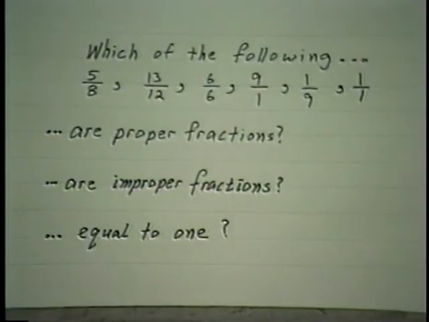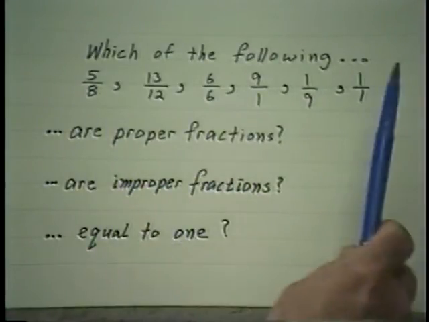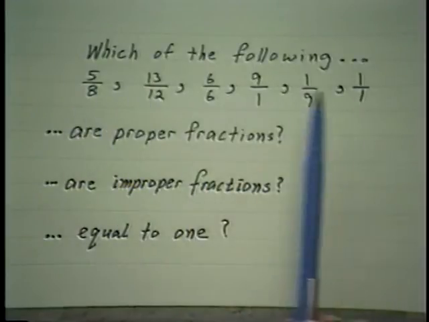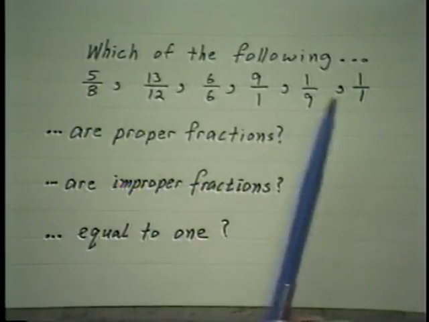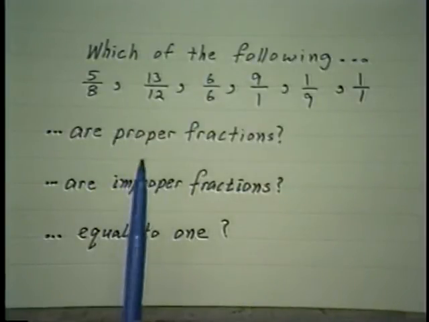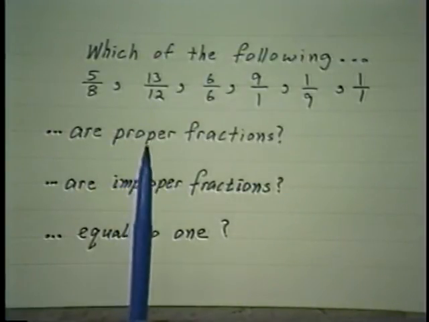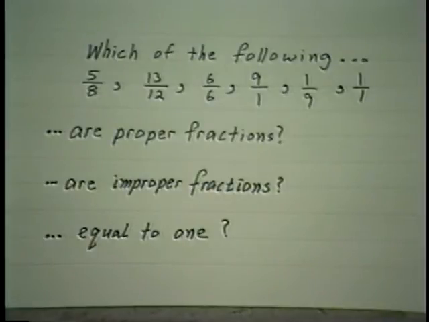So this lesson is to simply take us right back to very rock bottom to begin to build basics and its accompanying vocabulary. So you receive problems like this, where they'll give you a series of fractions and simply ask questions, not to see if you know how to do it, but to see if you know the vocabulary. Because if you know the vocabulary, it will tell you what to do.